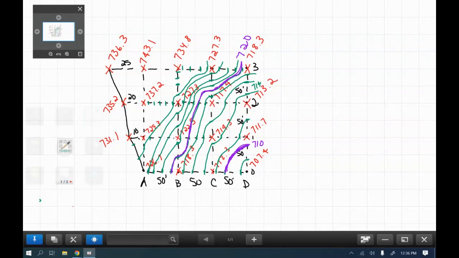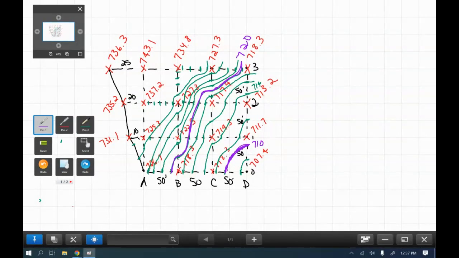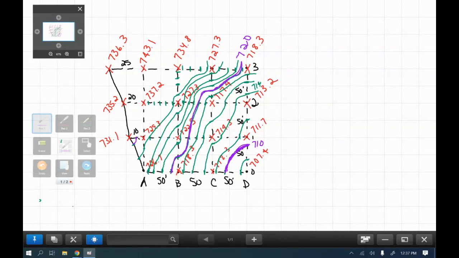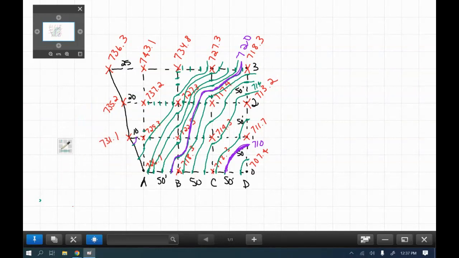Okay, now next one's purple. Well, it's got to be right in here. Okay, I didn't do all these. I'm gonna do these in green for a minute. I got a 730, 32, 34, 36.